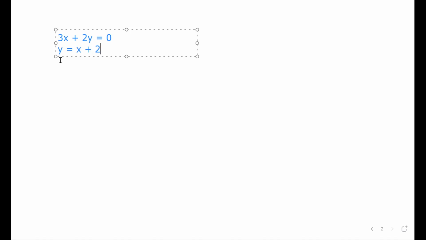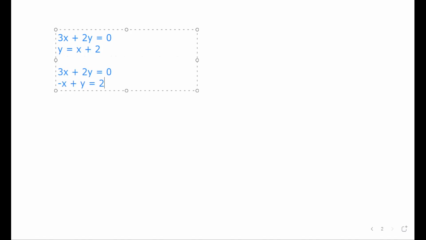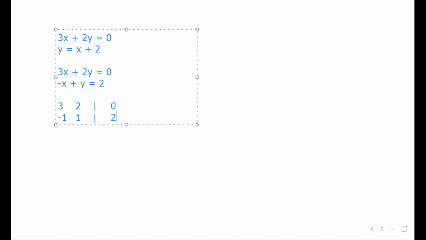From this you can write, first you have to rearrange the equation, that is 3x plus 2y is equal to 0, and the next one, minus x plus y is equal to 2. From this you can write the matrix easily: 3, 2, 0. The next one, minus 1, 1, 2.